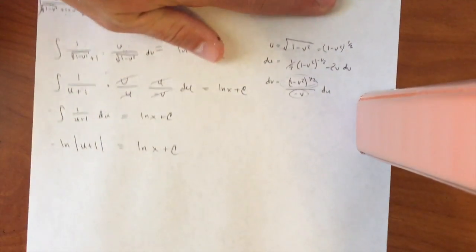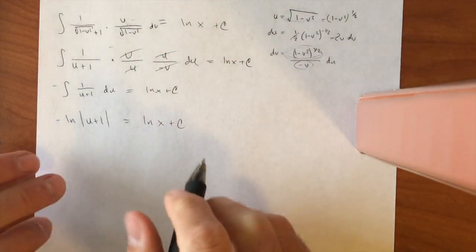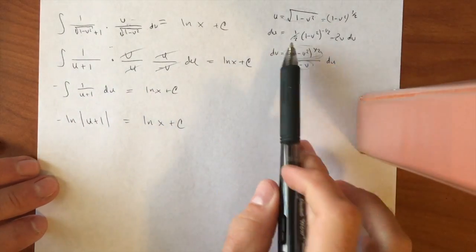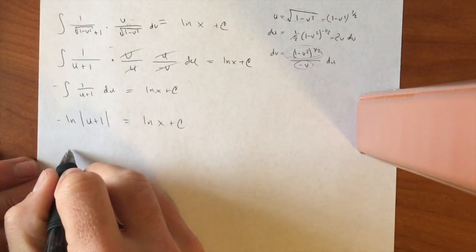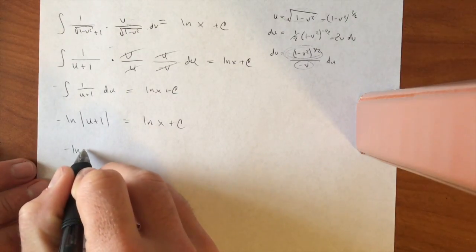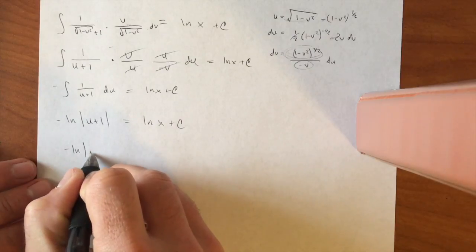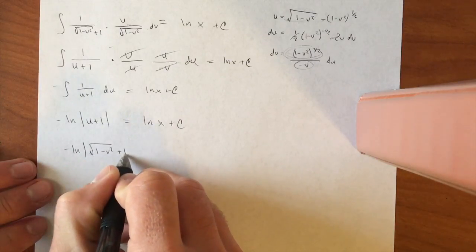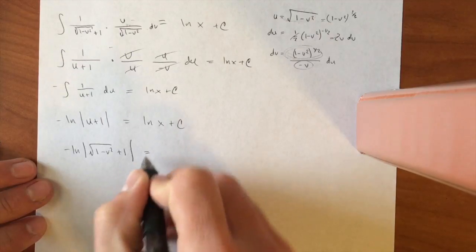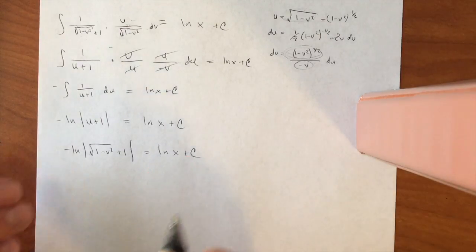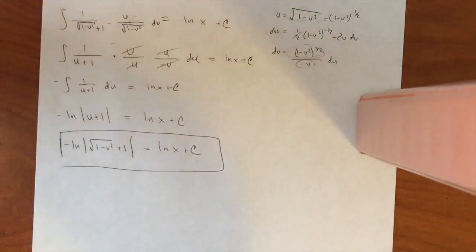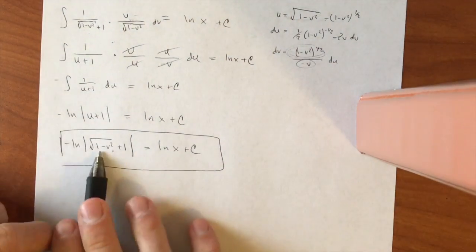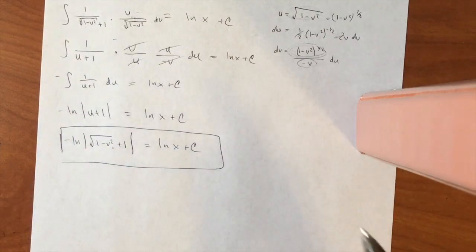Move my paper up here real quick. We're getting close. Now all we have to do is back substitute our u in, and that will give us negative natural log of the square root of 1 minus v squared plus 1 equals natural log of x plus c. So ignore this box here. I thought this was the solution, but had a realization. We still have a v squared in there. That was a substitution, so we have to back substitute our v in now.